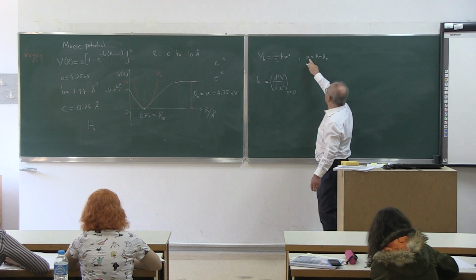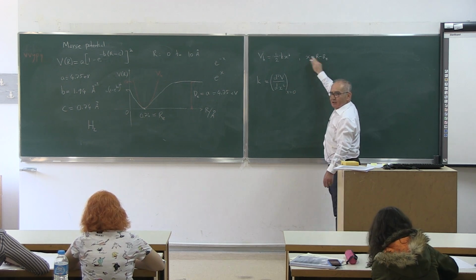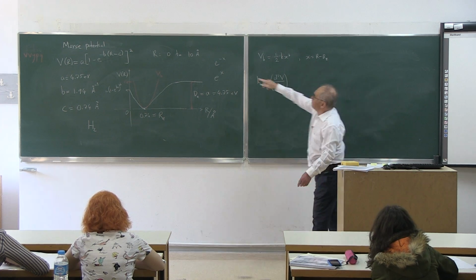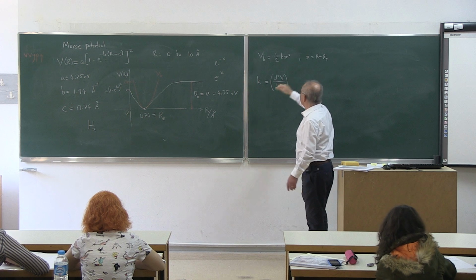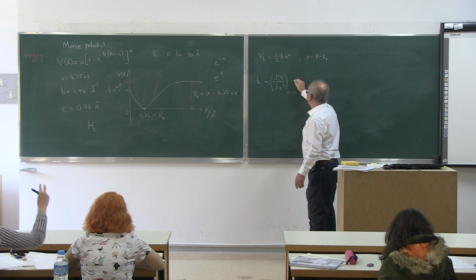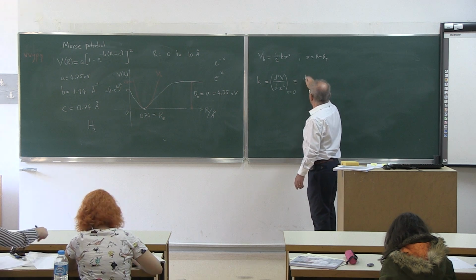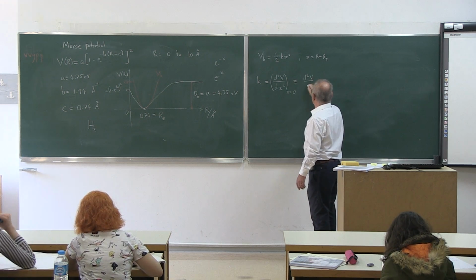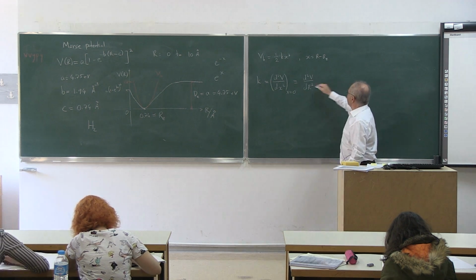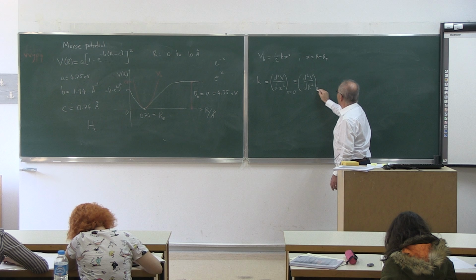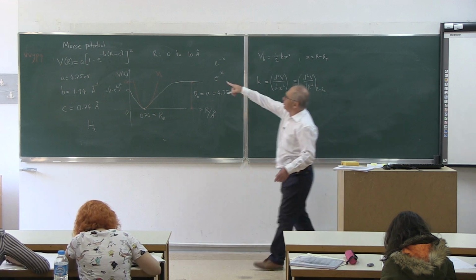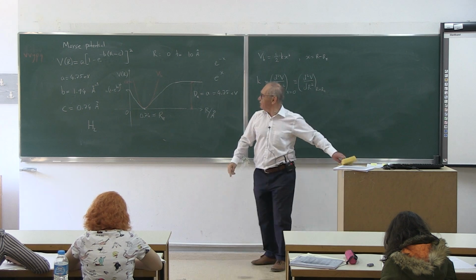But because the relation between x and r is a one-to-one relation, this derivative is the same thing as taking the derivative with respect to r, evaluated at r equals re. So we are going to first take the derivative of that expression.